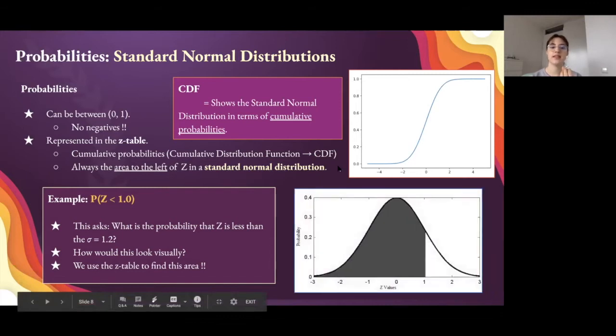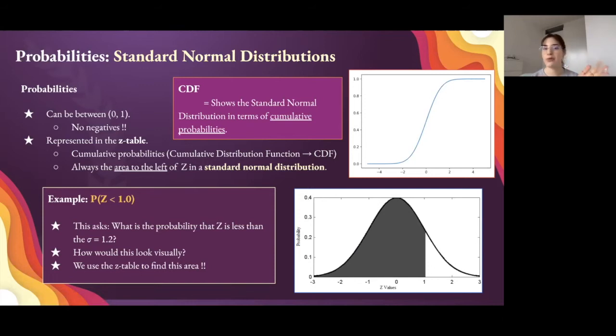The probability that z is less than 1.0 looks like this: we have a z-score of 1, and all of the area shaded to the left and underneath the curve is the probability. This entire gray area represents the probability that this z-score is less than 1. This is really similar to how it's shown in your z-table formula sheet, so you won't forget that the areas in the z-table are always the areas to the left of a z-score.